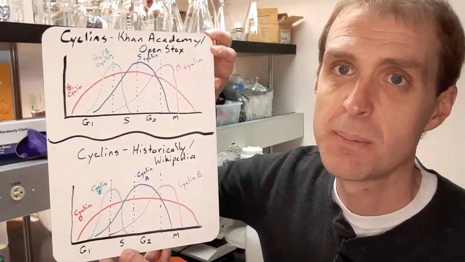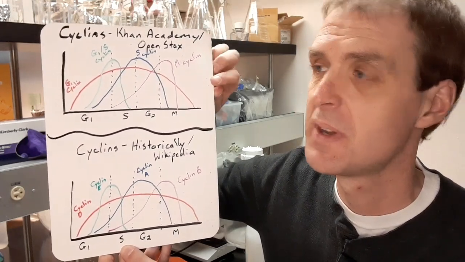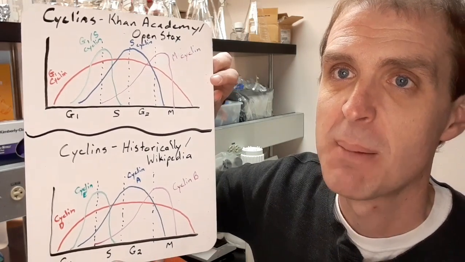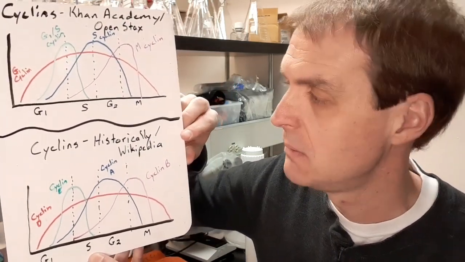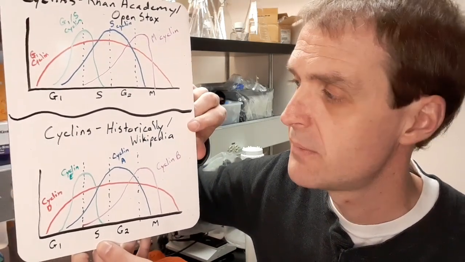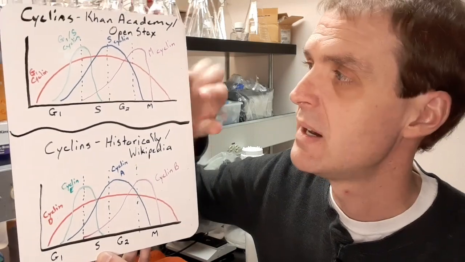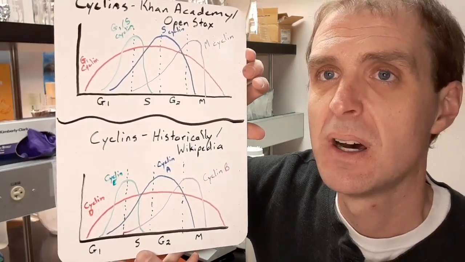Khan Academy gets their figures from OpenStax sometimes, so that's where this first figure came from. I'm copying it without asking, if that's okay. Don't tell them. And then on Wikipedia, the figure looks like this. Now I've color coded it, and you can see that the colored loops are the same.